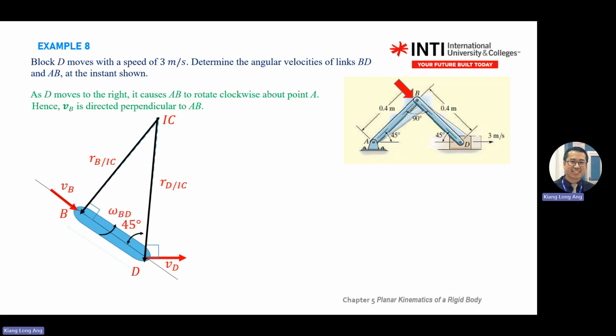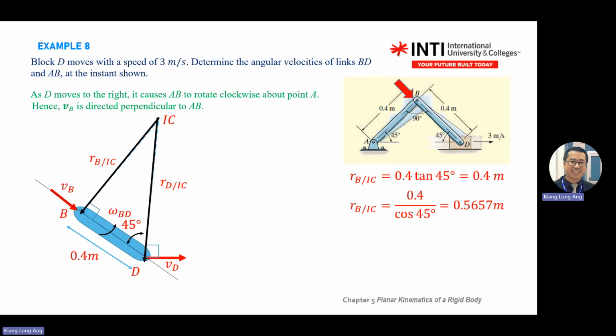But there's an angle there. So just be careful. So the length is 0.4, angle is 45. So you can find the RB stroke C there. RB stroke C, you have 45. You have a right angle here. It's a right angle triangle.